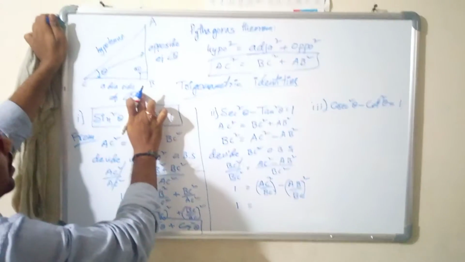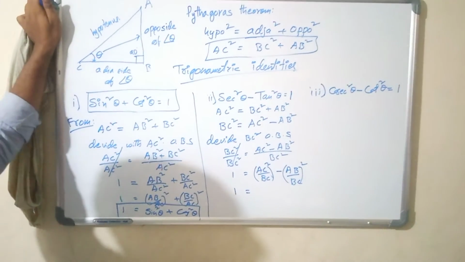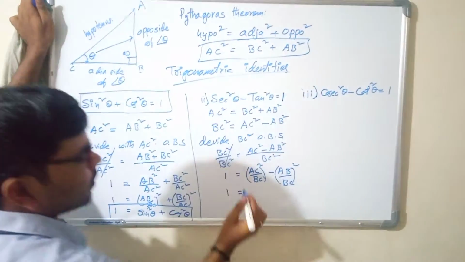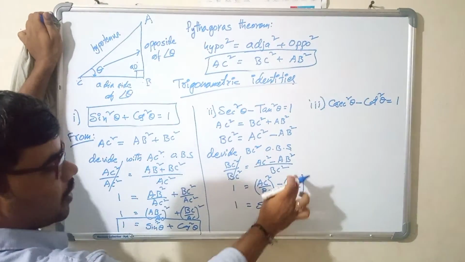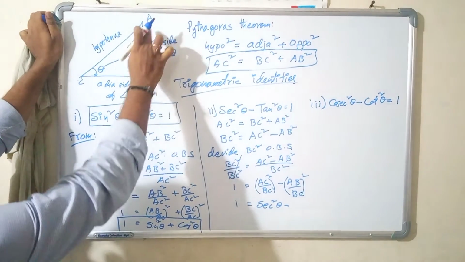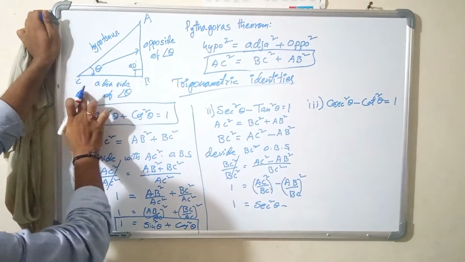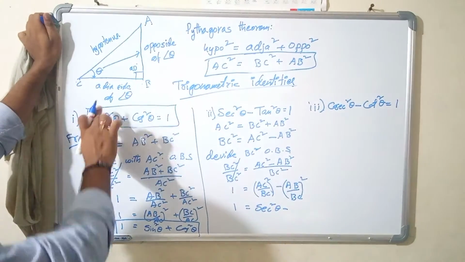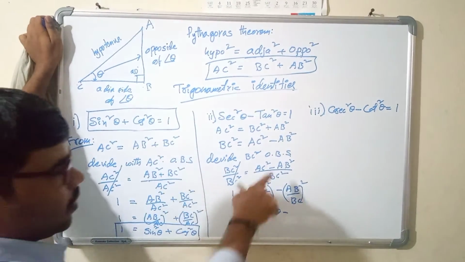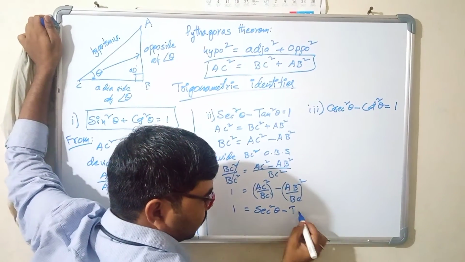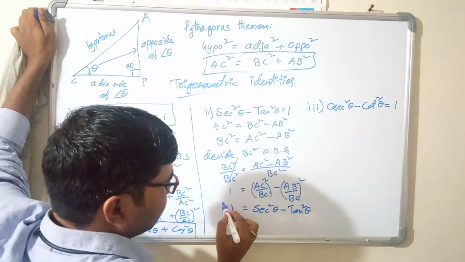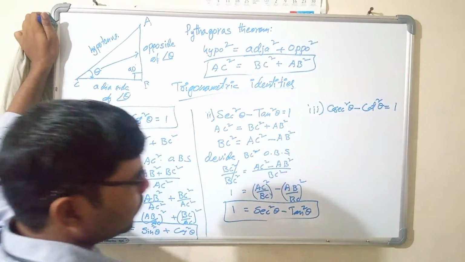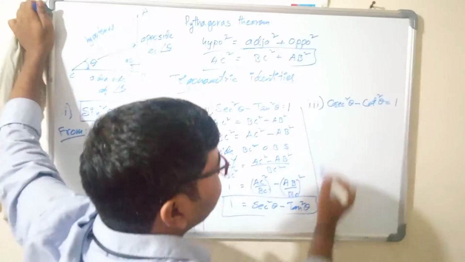Hypotenuse side by adjacent side, that is the reciprocal of cos theta, that is secant theta. Next, AB by BC. AB means opposite side, BC means adjacent side. Opposite side by adjacent side is tan theta. Here square means tan square theta. This is one formula.